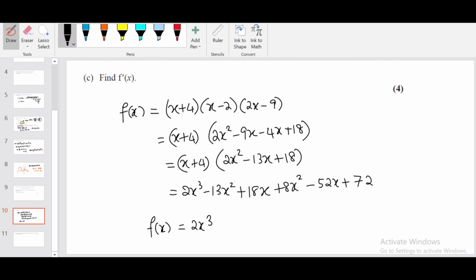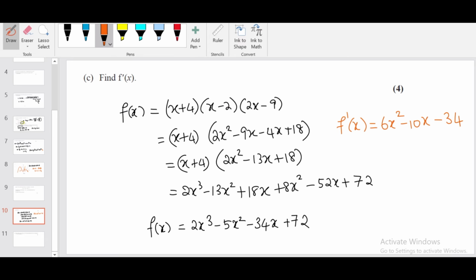You will get minus 5x squared. 18 minus 52 is minus 34x plus 72. Now differentiating, f dash of x is equal to, when you differentiate 2x cubed, it becomes 6x squared minus 10x minus 34. That's all. That's a 4-mark question.